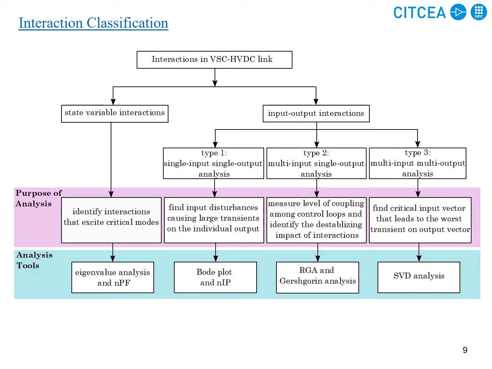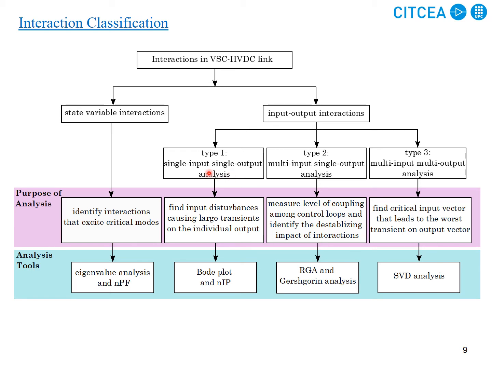In this chart, we try to make it more clear that interactions could be in category 1, state variable interaction, or input-output interaction. Input-output interaction can be further divided into 3 types. The types are only to emphasize that these are different, and the reasons we use them are different.